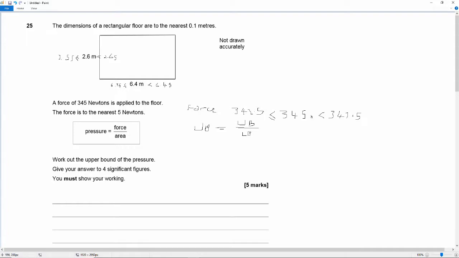Now we want the lower bound for the area. So that's the lower bound multiplied by the lower bound. So that's area equals 2.55 times 6.35. And for this I'm going to want a calculator.